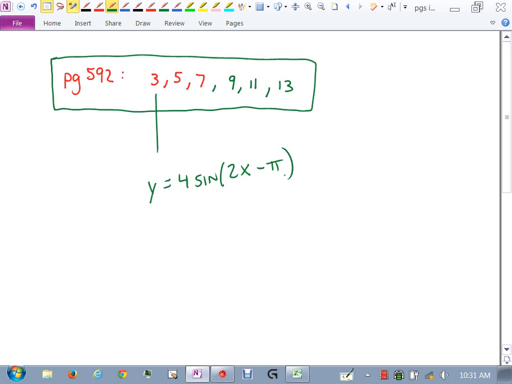For bonus, you could do it on the graph, so I won't even make you redraw the whole thing. But on your same graph, y equals 4 what? What do you think? Cosecant 2x minus pi. If you graph that with it together, then I'll give you a little bonus, all right? And do that for each of the problems. So if it's a cosine problem, you'll graph the secant with it. Yes? Understand? Okay.